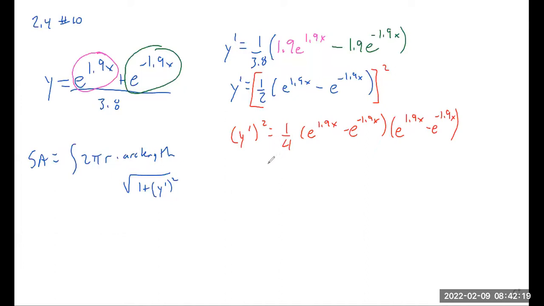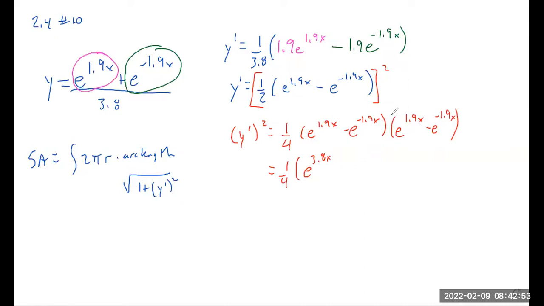All right, so when I FOIL, 1/4 times e to the 1.9x times e to the 1.9x is e to the 3.8x. When I do the outside and inside parts, the OI part, I'm going to get this negative e to the minus 1.9x times a positive e to the 1.9x.